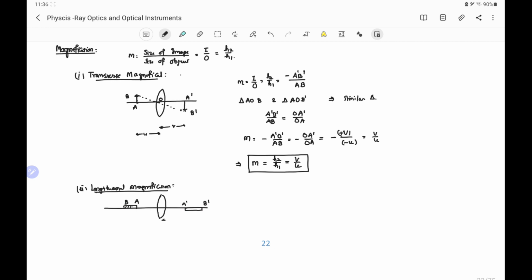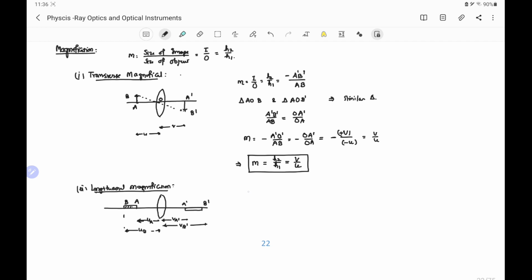Therefore, the distance of A dash from the lens is, suppose, VA dash and the distance of B dash from the lens is VB dash. Similarly, the distance of object point A from the lens is UA and the distance of point B is UB.